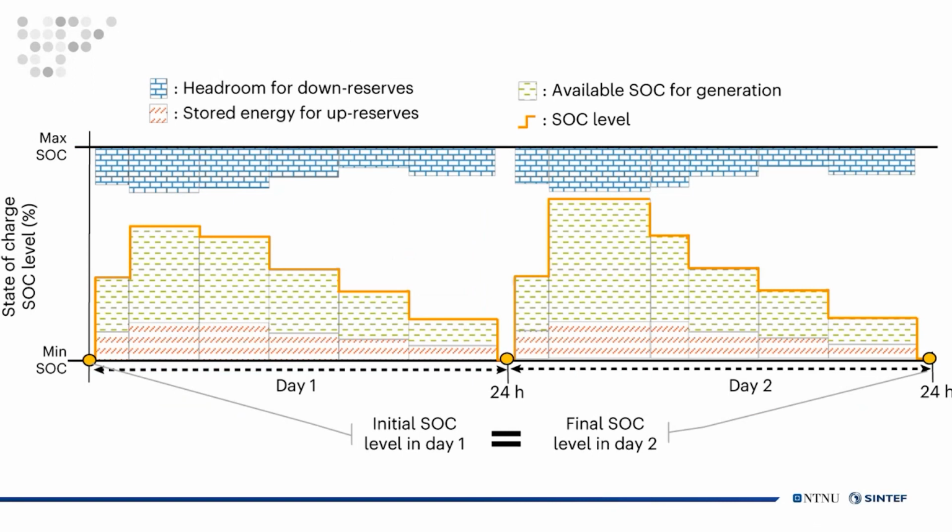So regarding the short-term storage opportunities, the balancing, how to do this in a simple way, that is the problem. Here is an example from our article where we have made capacity limitations of the state of charge to give headroom for reserves.